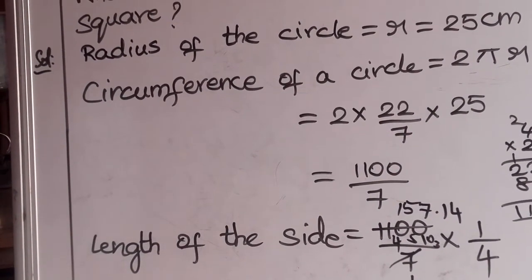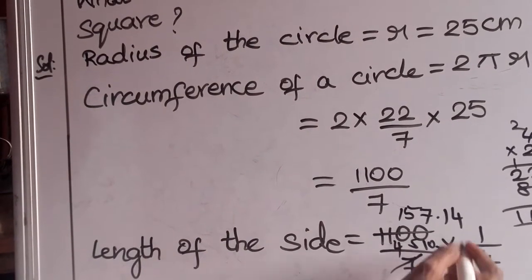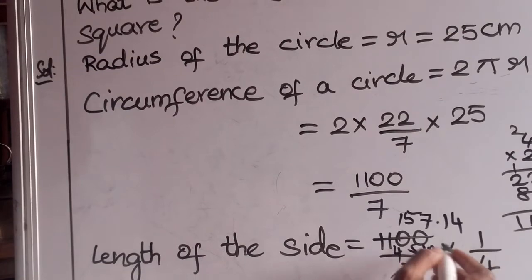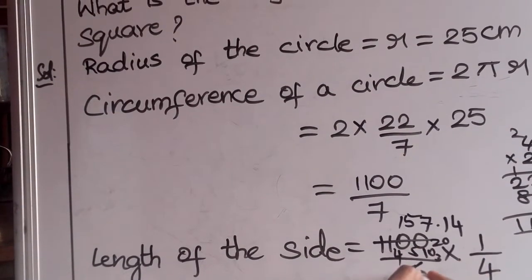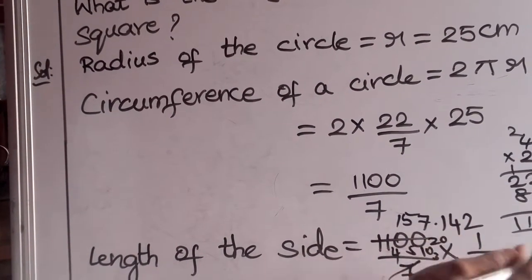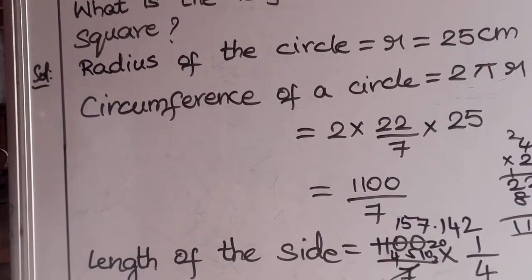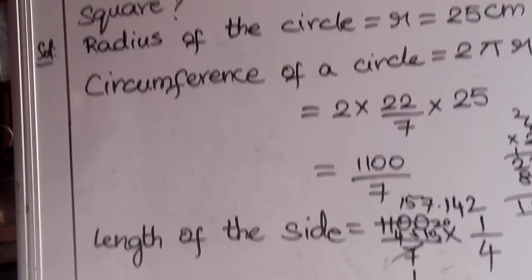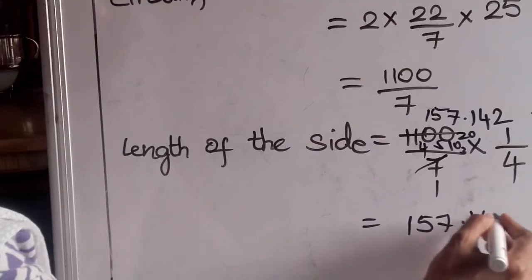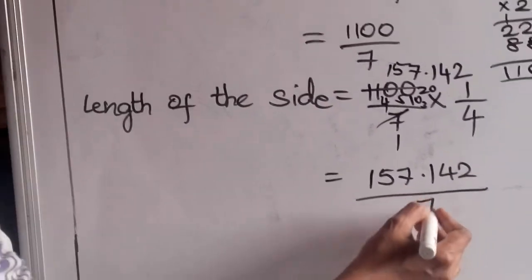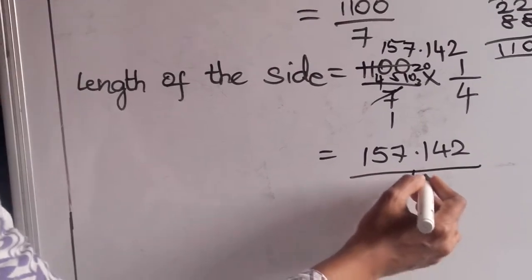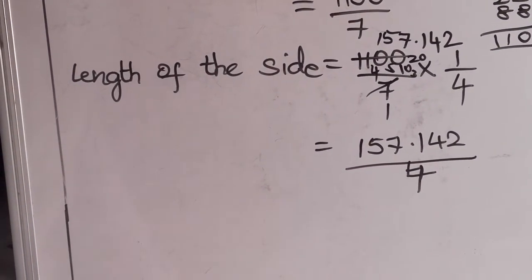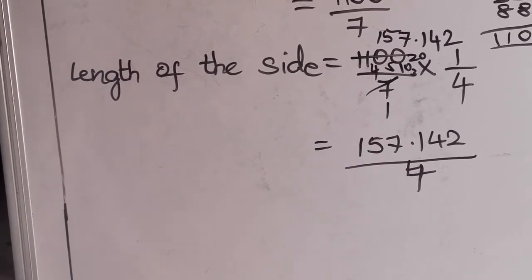So 4 is the remainder. 30 minus 28 is 2. 20 you are going to get. 7 2s are 14. Like this you are going to get. So now this is nothing but 157.142 divided by 4. That is what we are going to do.